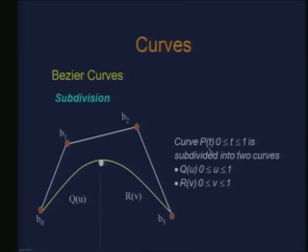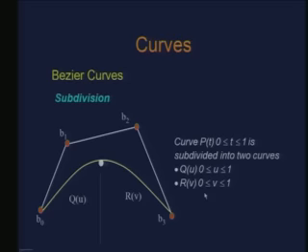So, this curve, let us say P t, is defined between 0 and 1, and I define another set of two curves, Q u and R v, which are individually defined in the unit interval for the parameter, where Q u refers to the curve up to t equals 1 by 2, and R v refers to the other half.